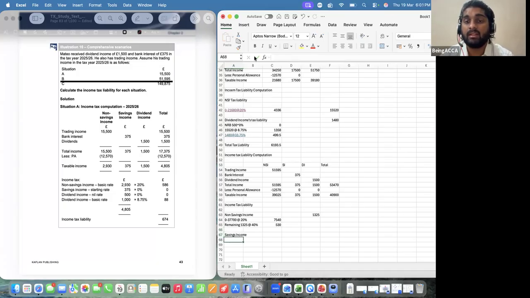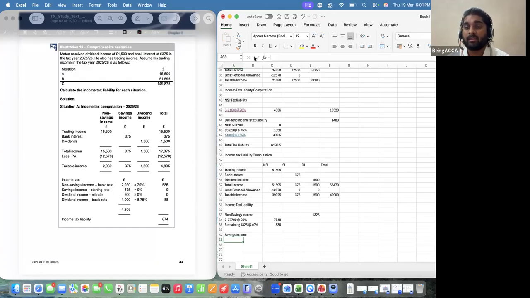Savings income. In this, what do we have? We have only 375 pounds. And what did we identify? Because here the person is a higher rate taxpayer, as the income is more than 37,700, the savings income nil rate band would be 500 pounds.